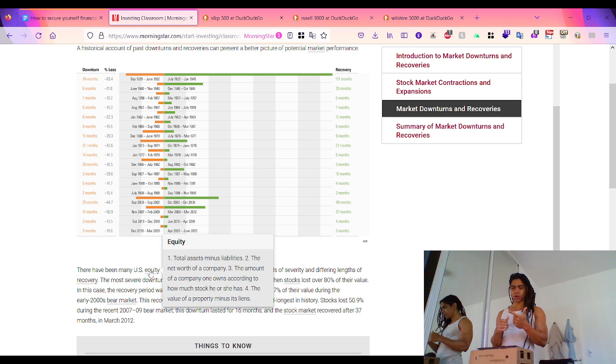The net worth of a company, the amount of a company one owns according to how much stock he or she has, okay, is the piece of the pie that you own from the company.